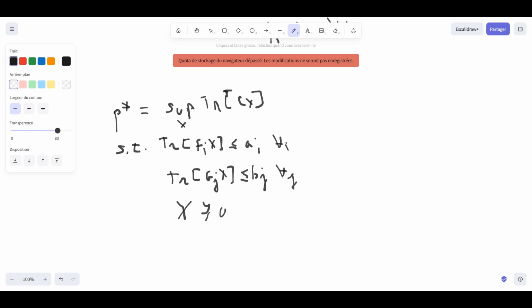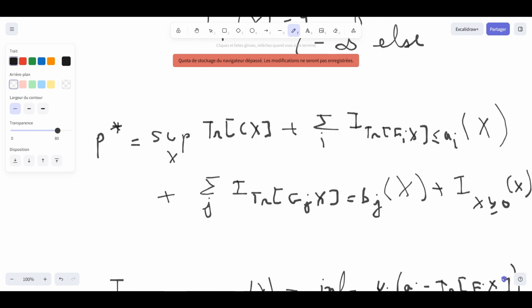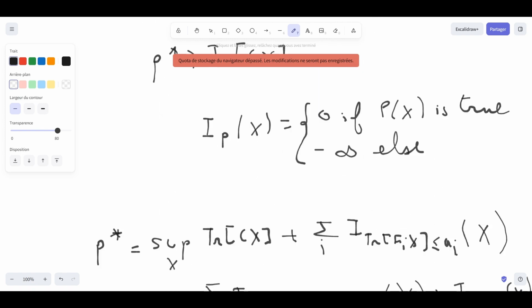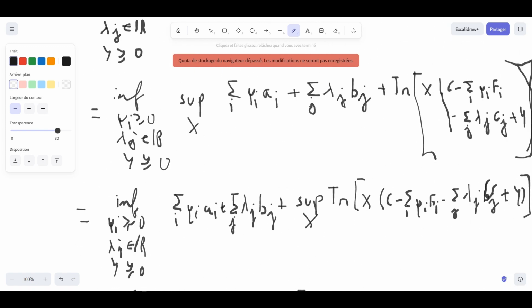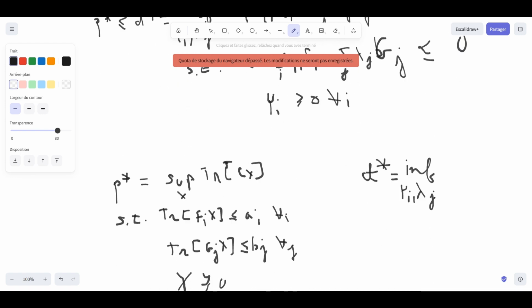And so we have our dual here. So this is the primal, if I remember well. It's just this, what we have at the beginning, and the dual, so that's the primal. So what we got in the dual, just this.